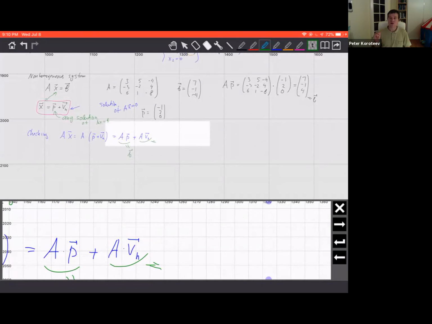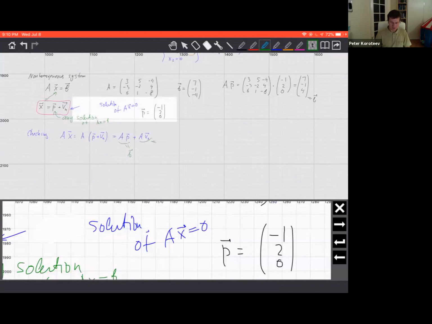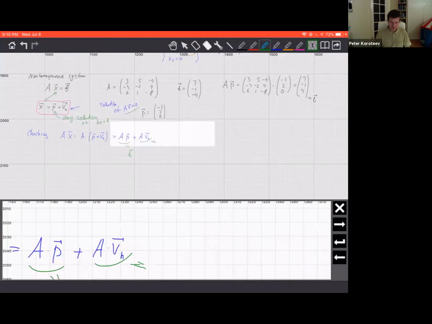VH is the solution of the homogeneous equation, which means that this is equal to what? Iris, what do you think? By definition, the homogeneous equation is this, so this is the zero vector. So our check works. It's equal to B.